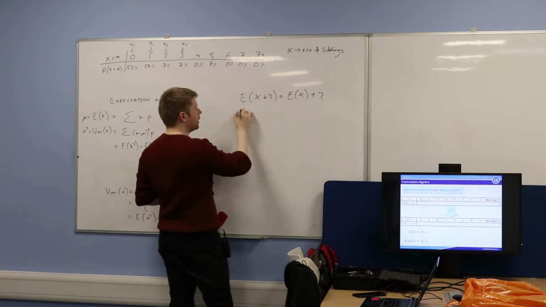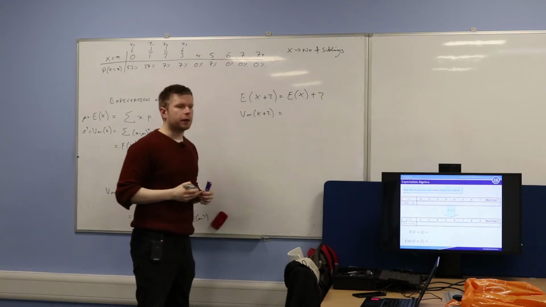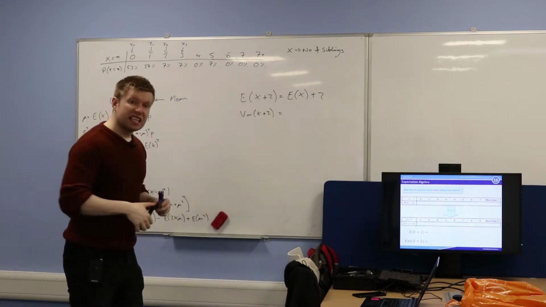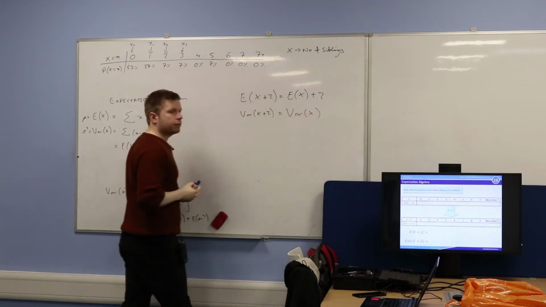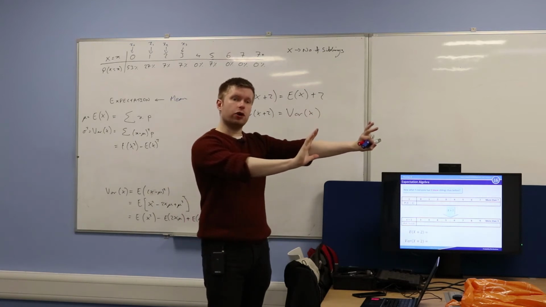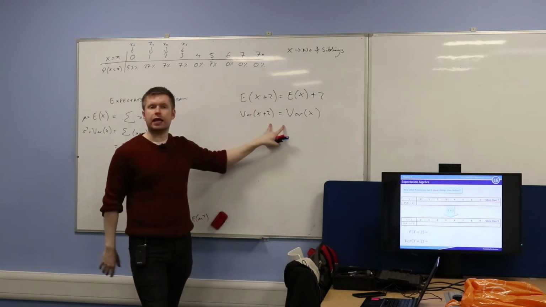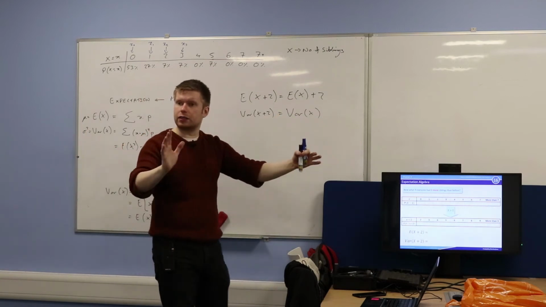What would the new variance be? Why would it be the same as the old one? Good, exactly. Because you're just simply sliding everything to the right by 2, are you happy that the spread doesn't change at all? So you've still got exactly the same spread. Variance is a measure of spread, regardless of where that's located.